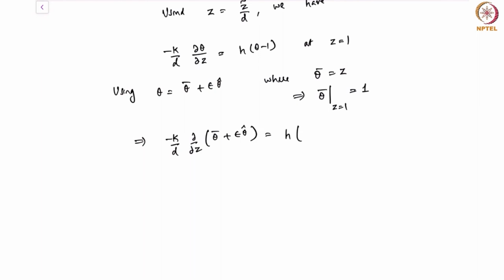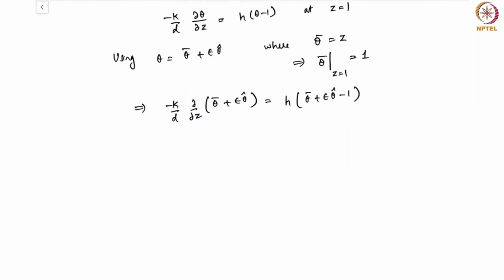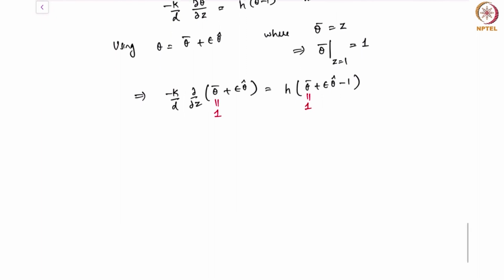Theta minus 1 is nothing but theta bar plus epsilon theta hat minus 1. Now this quantity here is 1, this quantity here is 1, and what survives now simply is minus k by d of del by del z of theta hat will be h times theta hat.